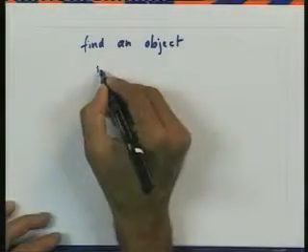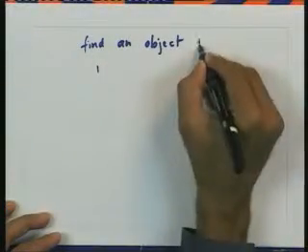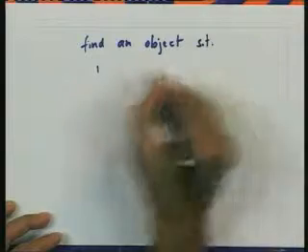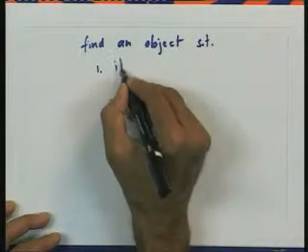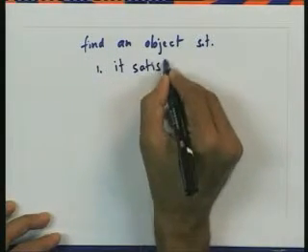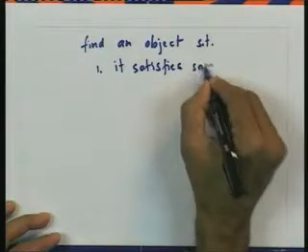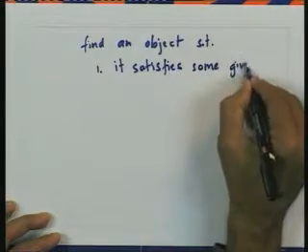Since it is a discrete object, when we talk about a set of numbers, we will usually mean a set of integers or even perhaps a set of 0, 1 values. And this object must satisfy certain given constraints. So, find an object such that first it satisfies some given constraints.